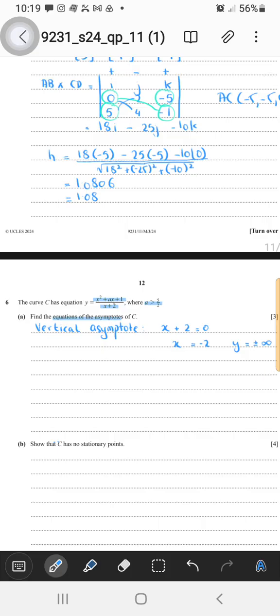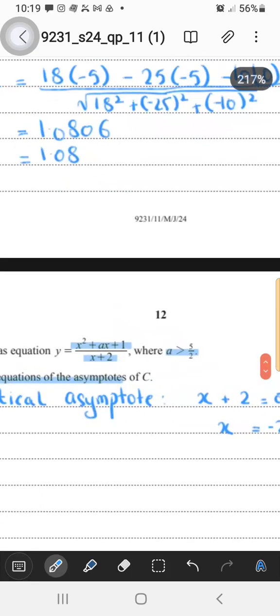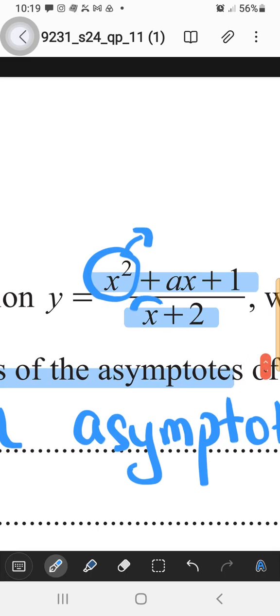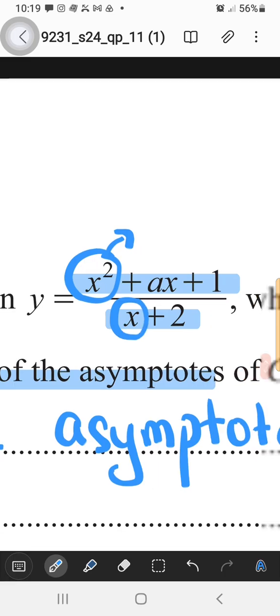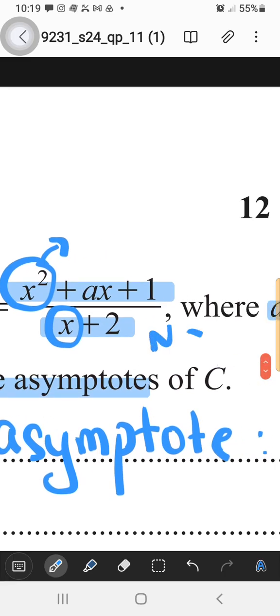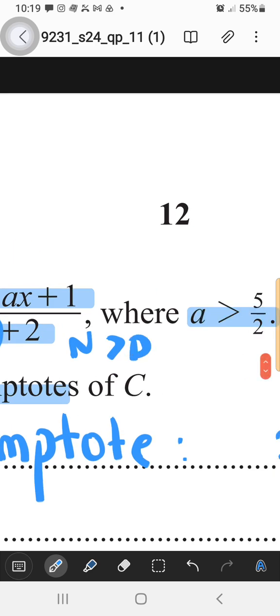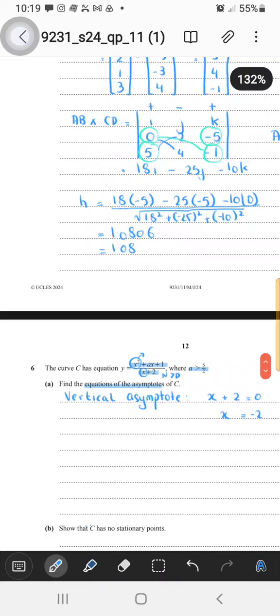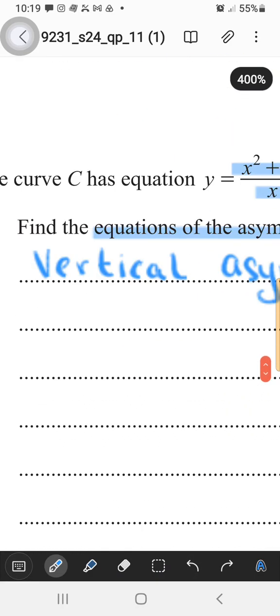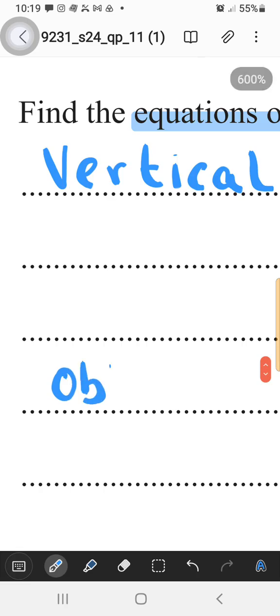Then we will determine whether there will be an oblique asymptote or a horizontal asymptote. If we look at the equation, we notice that x square is the highest power in the numerator, while the denominator has x power 1. So the degree of numerator is greater than the degree of denominator, and there will be an oblique asymptote.